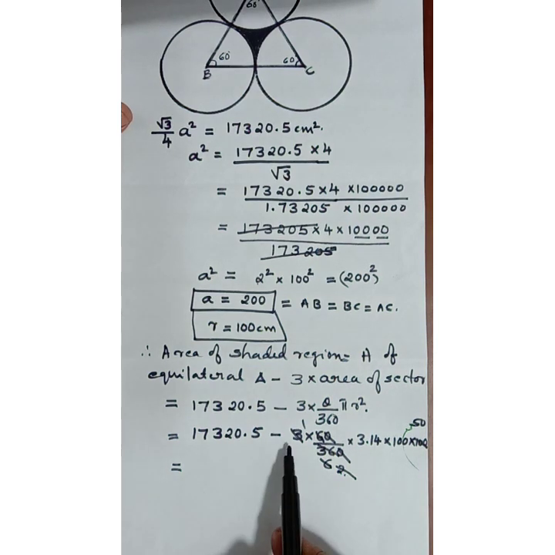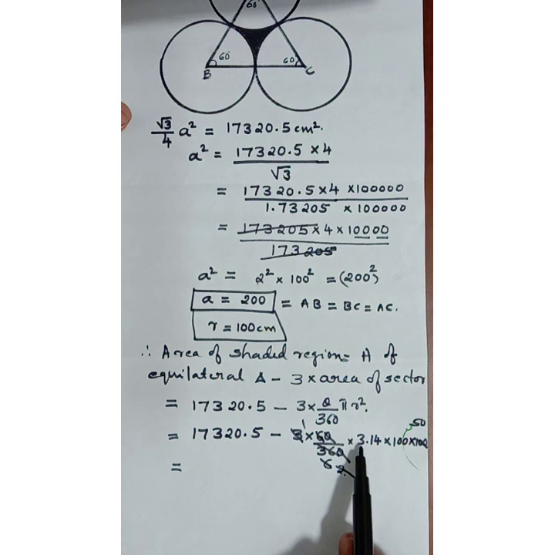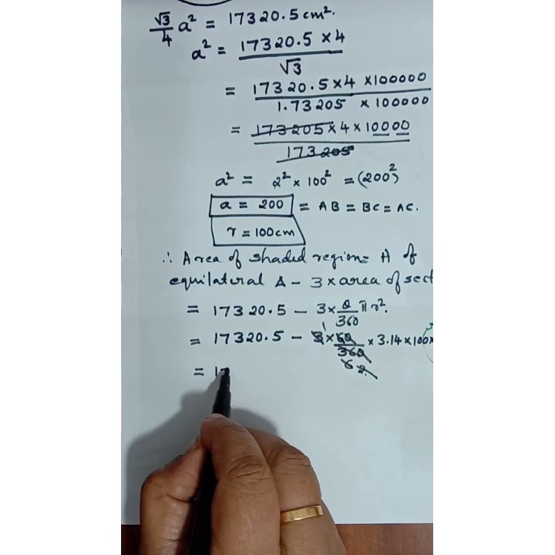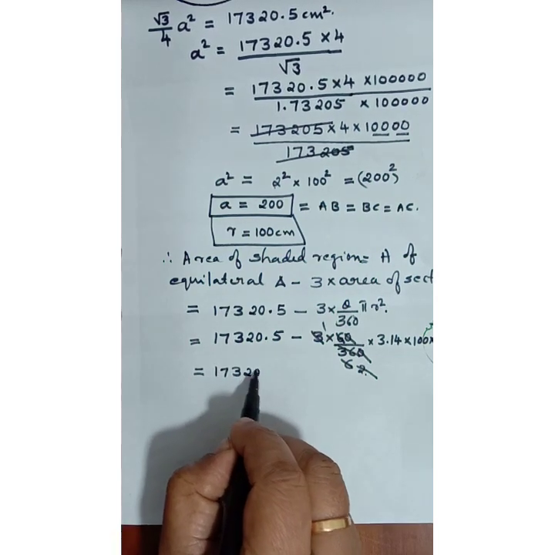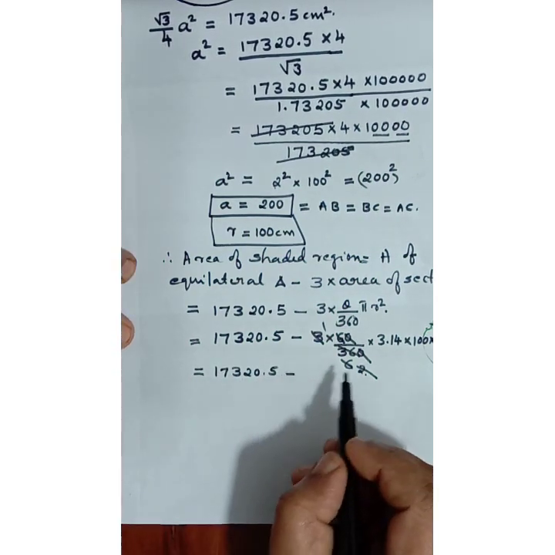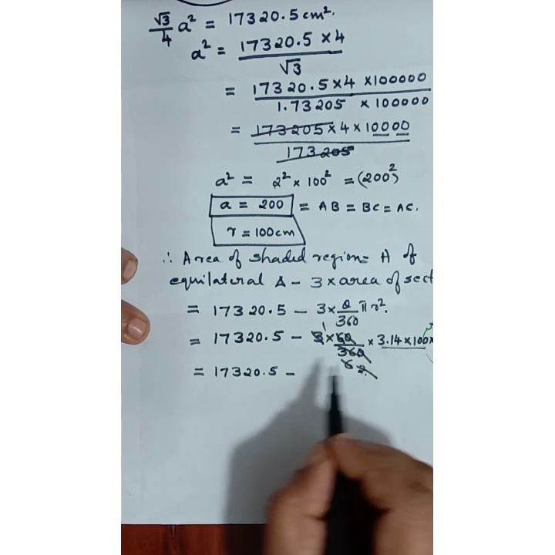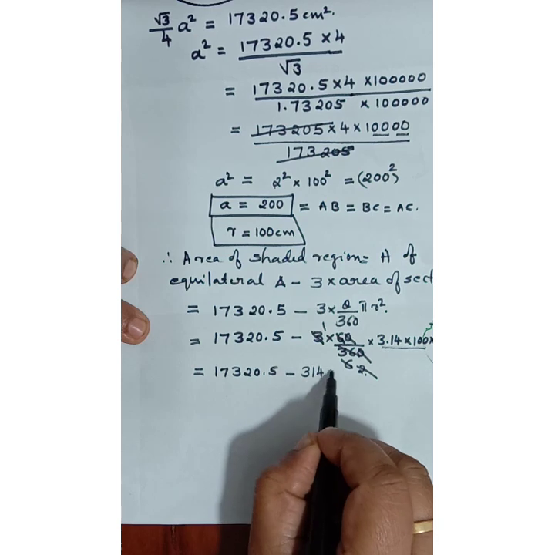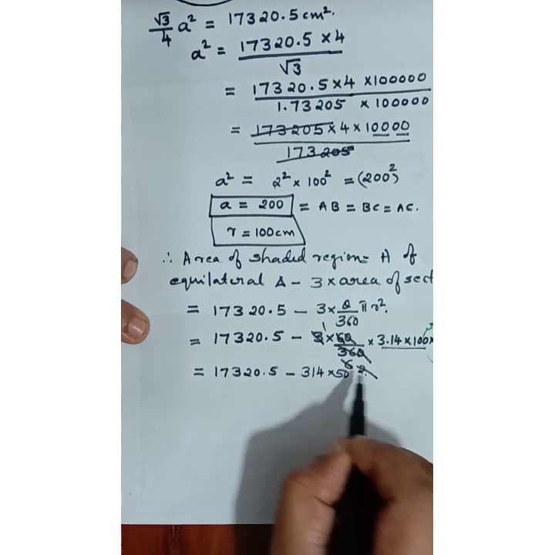Okay, so 17,320.5 minus, here we have 3.14 into 100 is 314 into 50. Let us do that. 17,320.5 minus 314 into 50 it is.